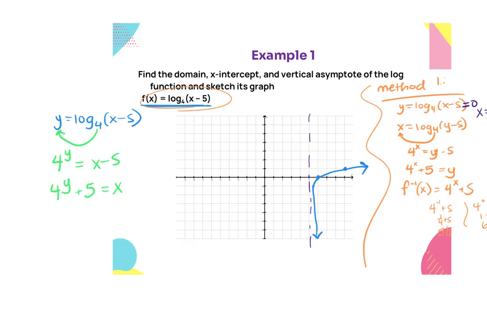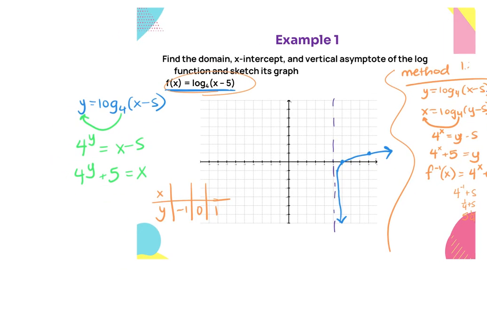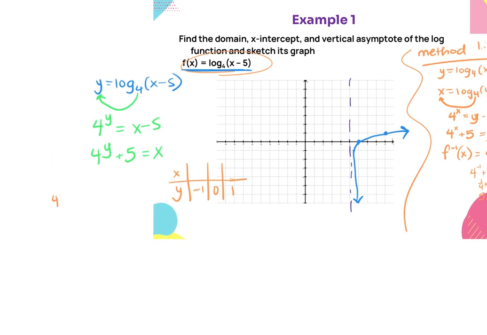And on this method, instead of plugging in for the x, we're plugging in for the y. So 4 to the negative 1 plus 5, 4 to the 0 plus 5, 4 to the first plus 5.